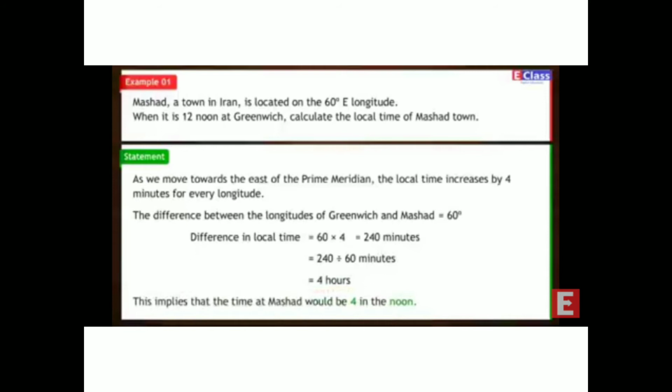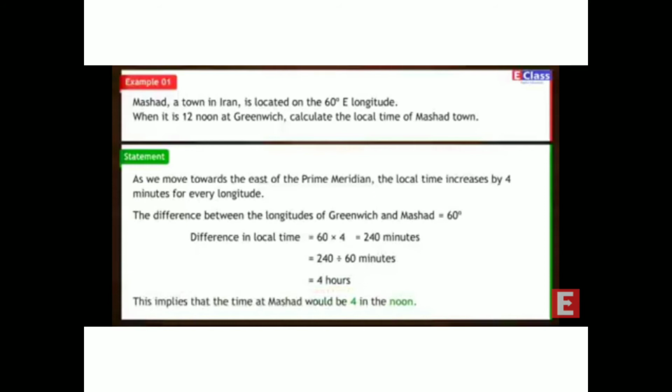The difference between the longitudes of Greenwich and Mashhad is 60 degrees. The difference in local time is 60 multiplied by 4, which is 240 minutes. We should convert it into hours, so 240 divided by 60 is 4 hours.